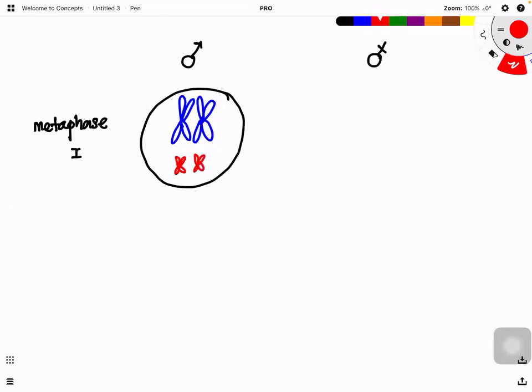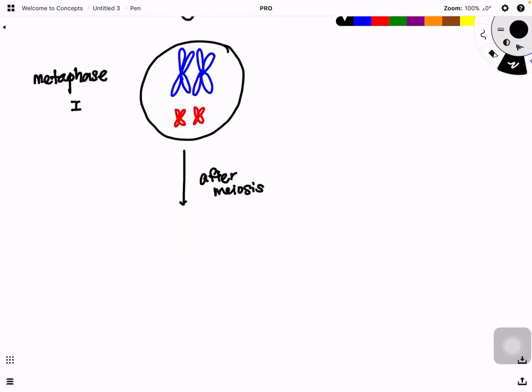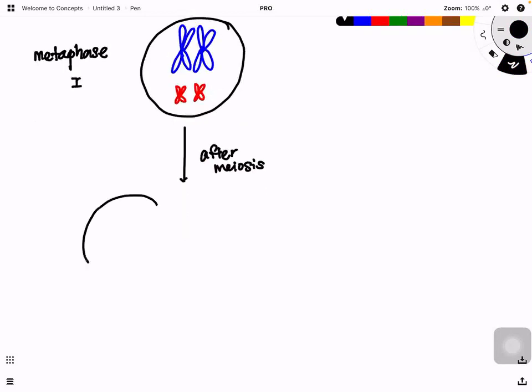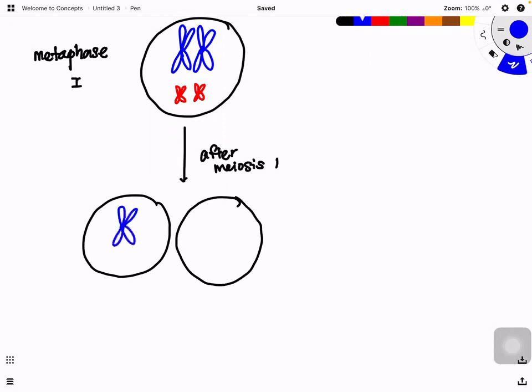Now we do know that after meiosis 1, ignoring the crossing over effects, we should get a haploid gamete, right? Segregation of the homologous chromosomes takes place.